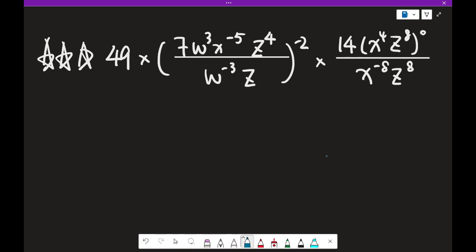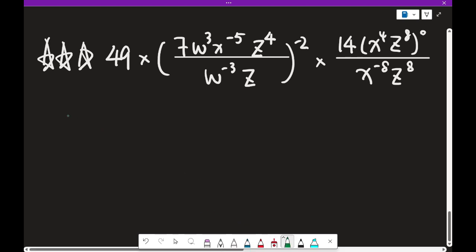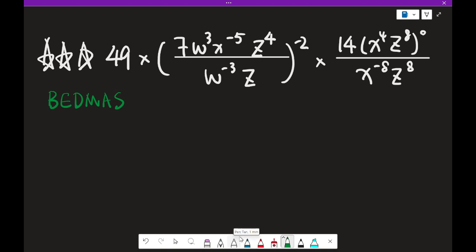So how can we solve this thing right here? Now we really want to incorporate the order of operations, BEDMAS, into the evaluation of this question. B is bracket, just a little recap here.